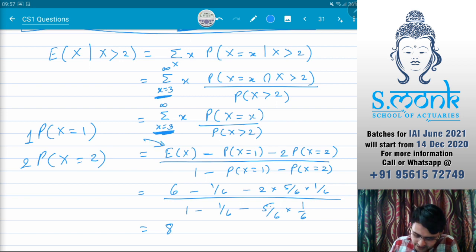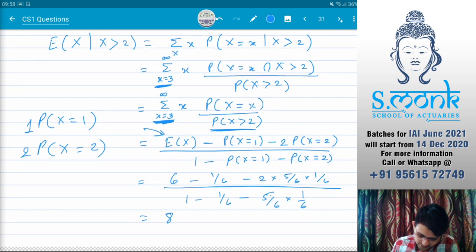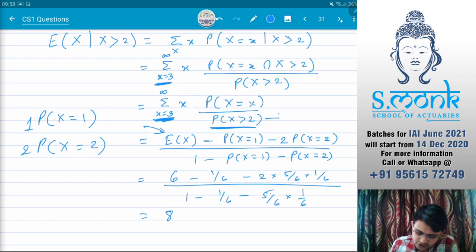That is why I have subtracted these values. Here this is nothing but probability x greater than 2, so I am removing 1 and I am removing 2. Or you can also say for geometric distribution this is nothing but 1 minus theta raised to 2 as well. It's basically the same.